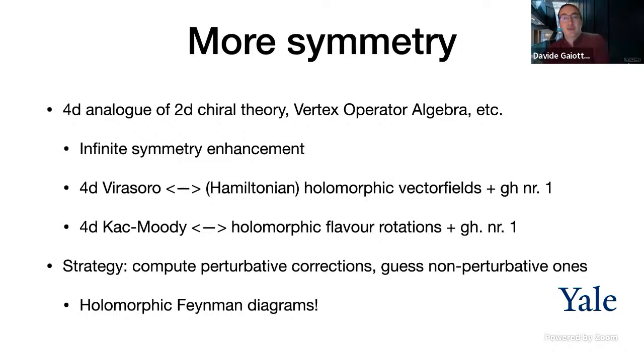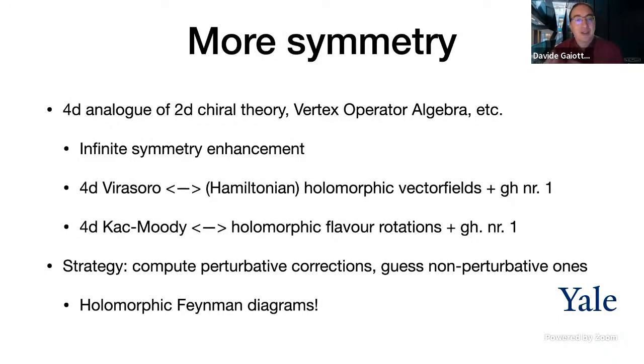And perhaps Kac-Moody algebras, which arise from essentially holomorphic currents in two-dimensional quantum field theories. So what's happening in two dimensions is basically that every holomorphic local operator is automatically a conserved current and remains a conserved current when you multiply it by a holomorphic function of space-time.